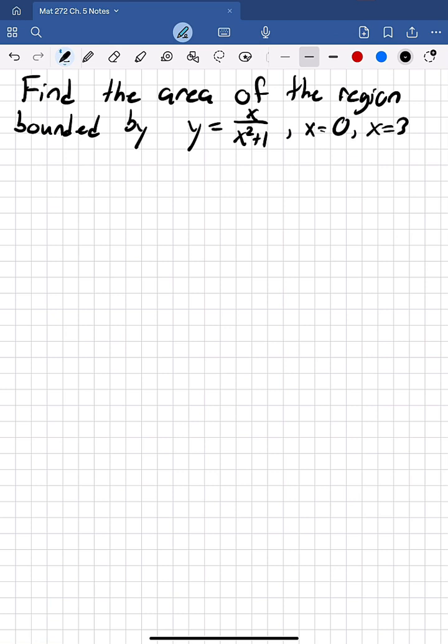I don't have to graph this or anything to be able to know what I'm looking at. But just in the event that we wanted to, we could look at this and say x equals 0 is here, and x equals 3 is somewhere over here.